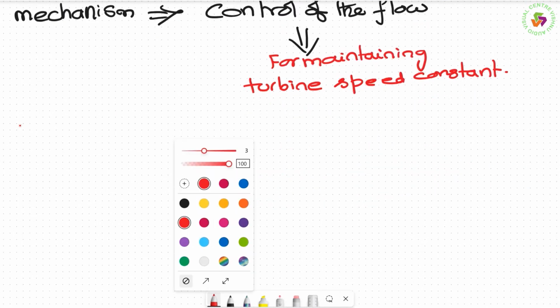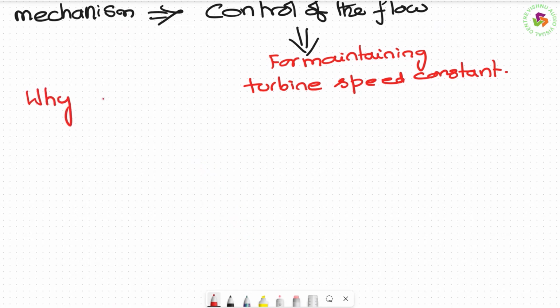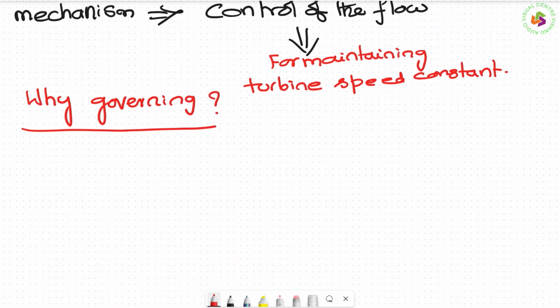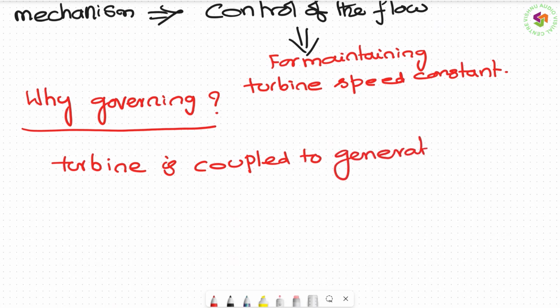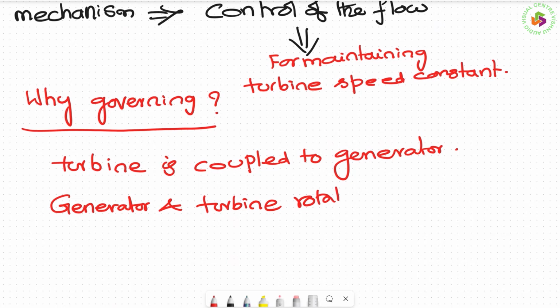Then, why governing mechanism? Why governing? The turbine is coupled to the generator, right? First, the generator and turbine rotate at normal speed.